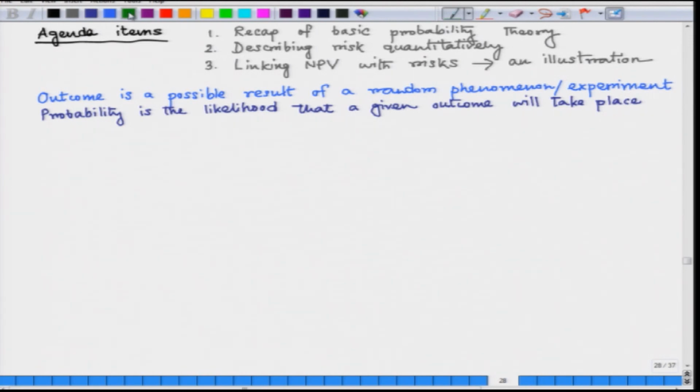Next, we introduce the concept of payoff. Payoff is the value associated with a possible outcome.